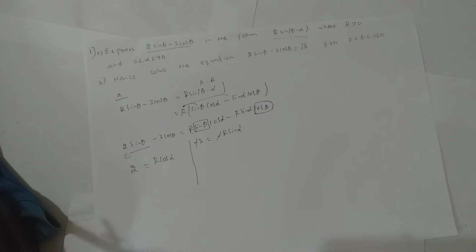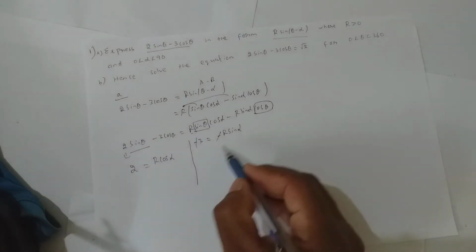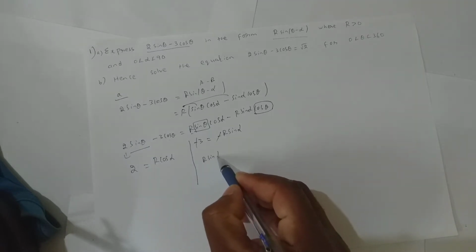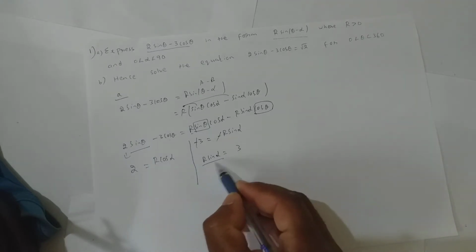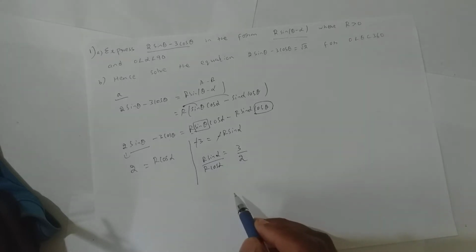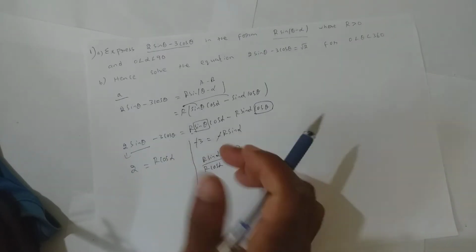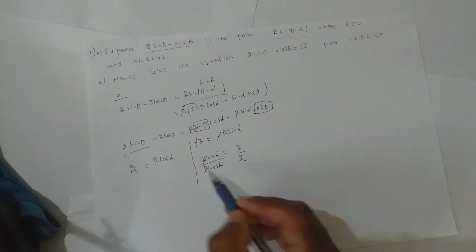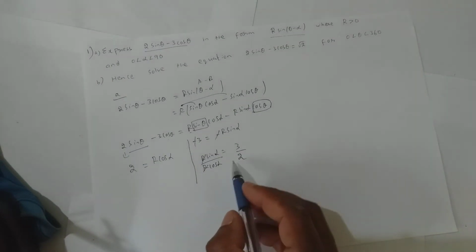Clear? Now how do I get alpha? The first thing is to divide. It's r sin alpha equal to 3, divided by r cos alpha equal to 2. I am dividing these two. So what gets cancelled? r and r get cancelled. So what is left?